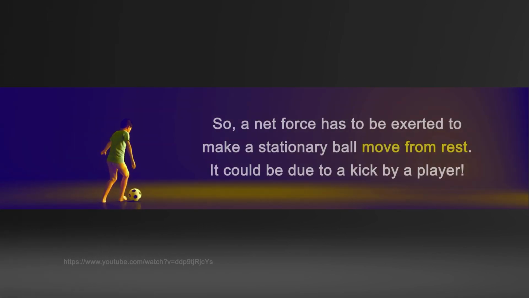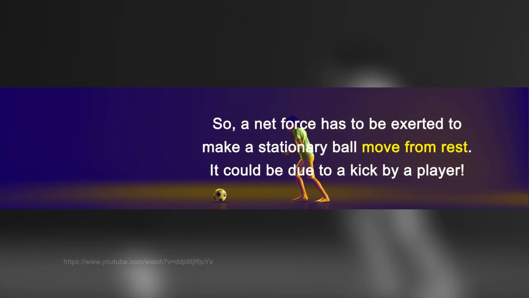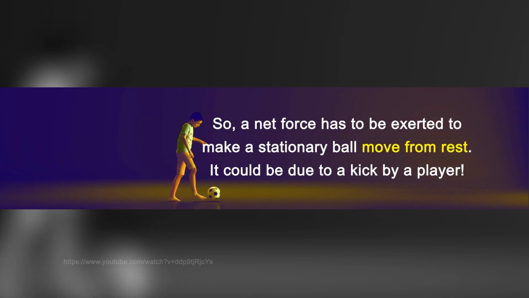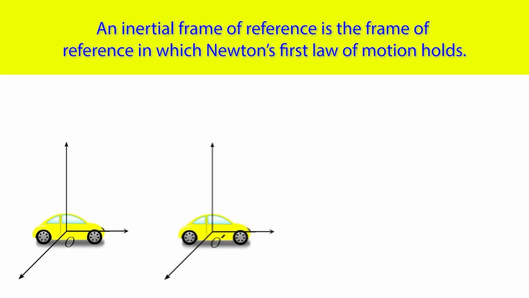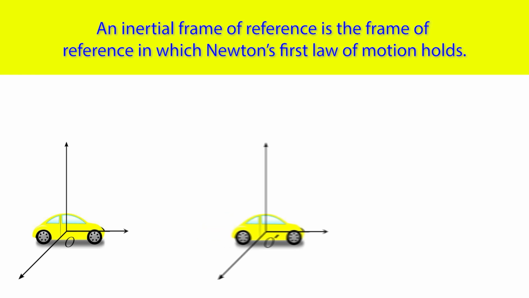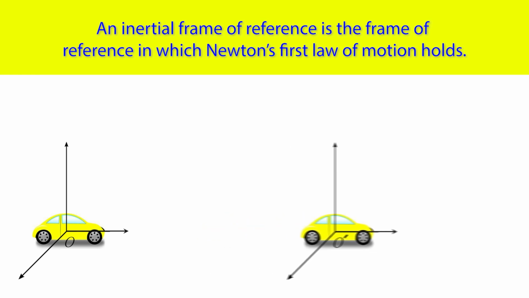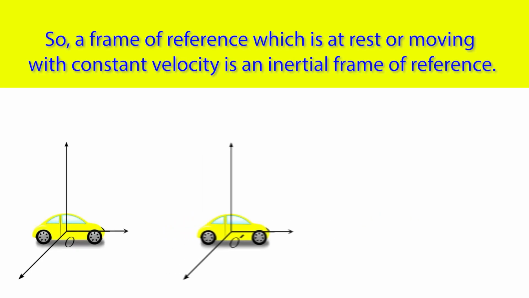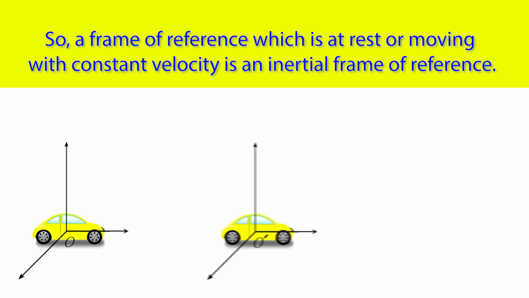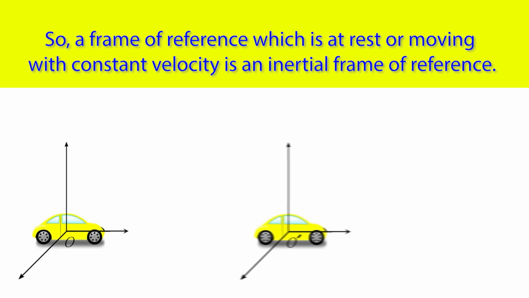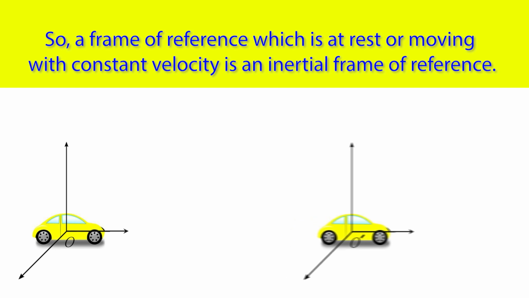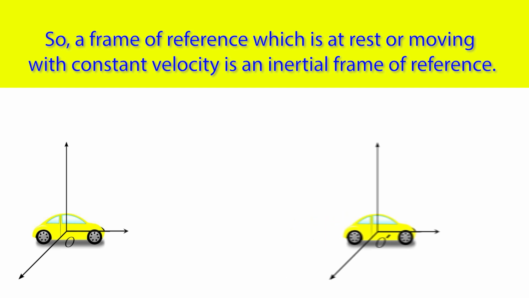So, a net force has to be exerted to make a stationary object move or to change its velocity. Lastly, an inertial frame of reference is the frame of reference in which Newton's first law of motion holds. So, it is a frame of reference which is at rest or moving with constant velocity. Like this car here, moving with constant velocity is an inertial frame of reference.